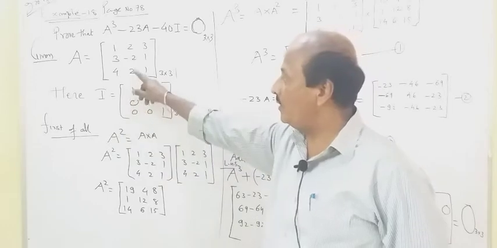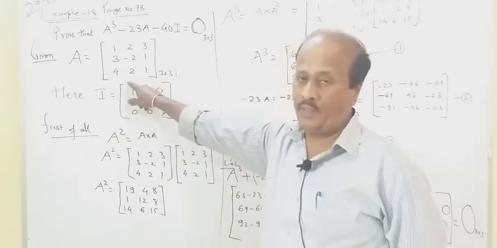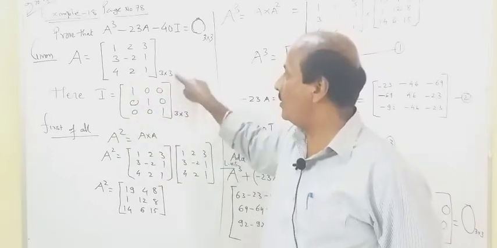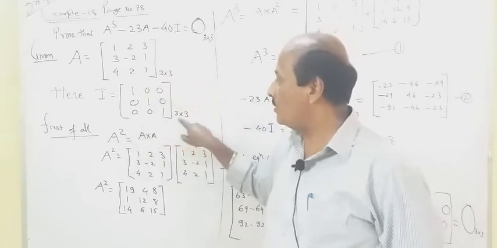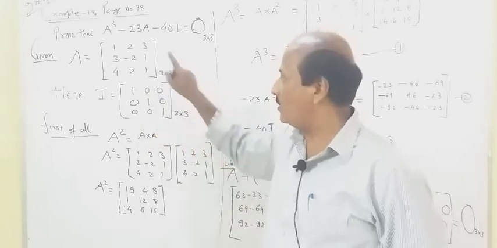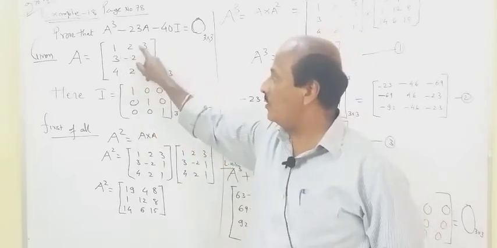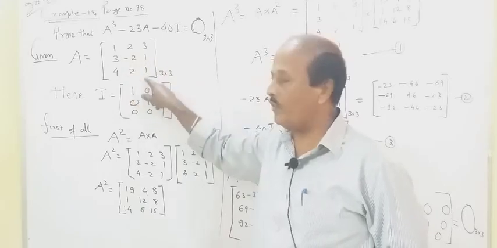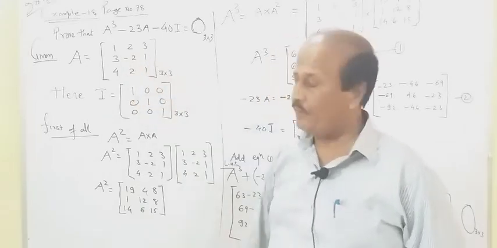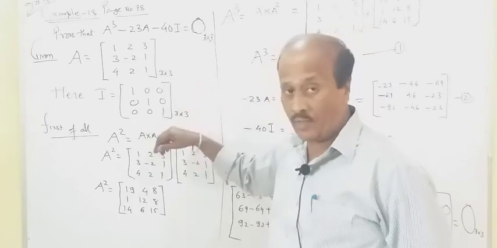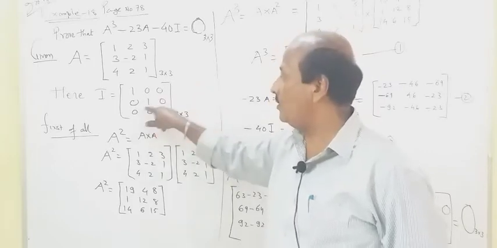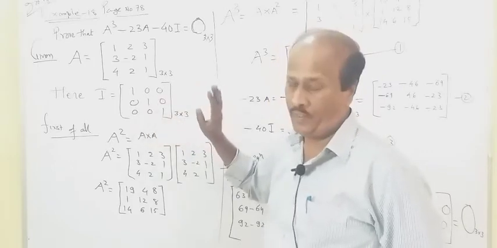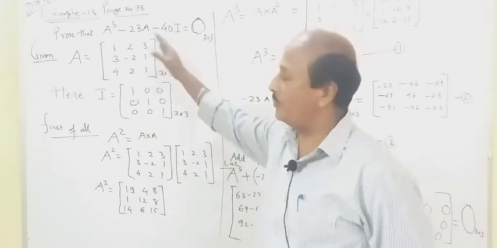For example, in this question A is of order 3 cross 3, so I is also going to be of order 3 cross 3. A is given as 1, 2, 3, 3, minus 2, 1, 4, 2, 1. It's a given matrix, and our I will be 1, 0, 0, 0, 1, 0, 0, 0, 1, and they are asking you to prove this.